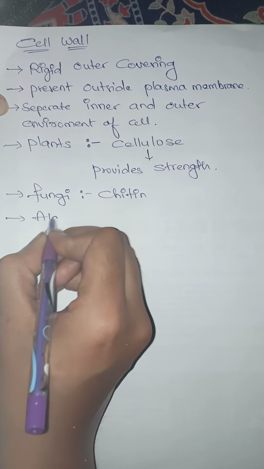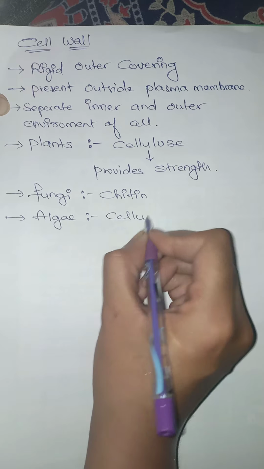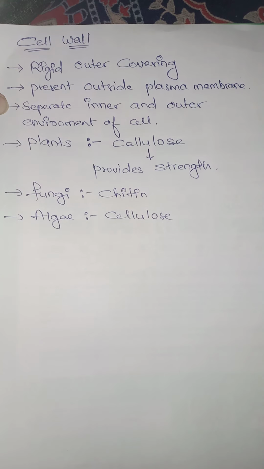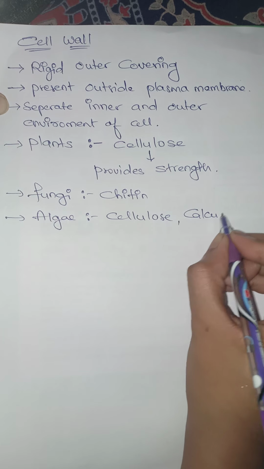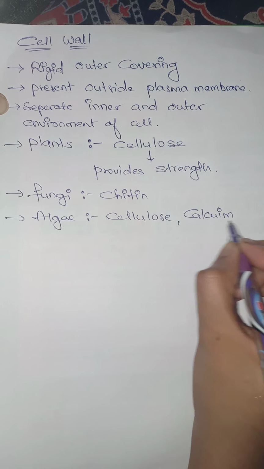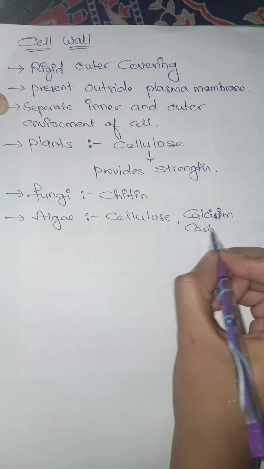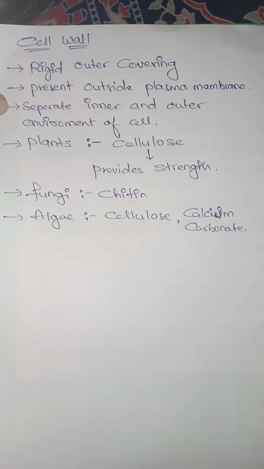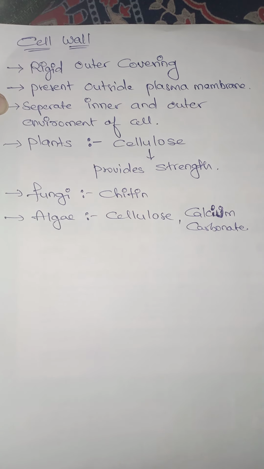Algae has a cell wall of cellulose, and some amount of calcium carbonate is also seen in the cell wall of algae.